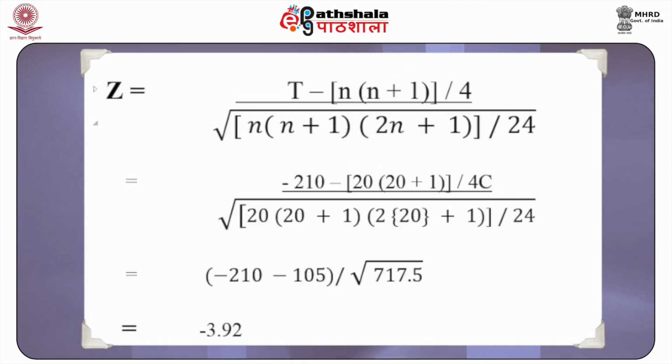On application of the quantities from the tables, we arrive at the value of Z as minus 3.92, and using similar steps one arrives at the following test statistic.